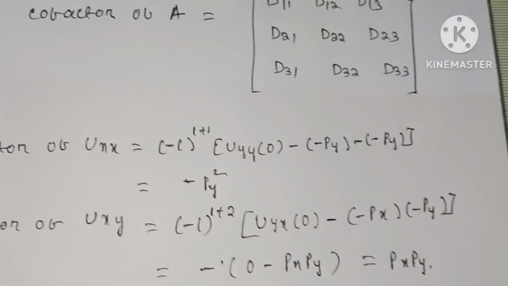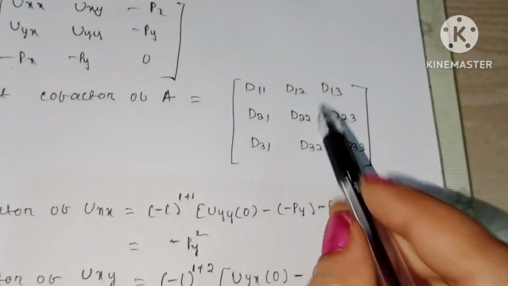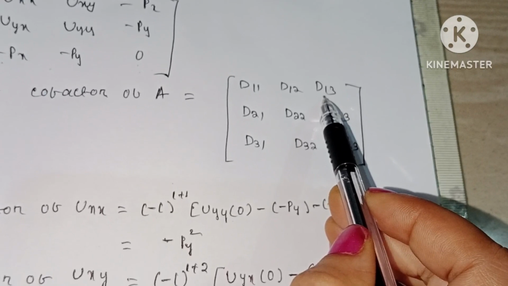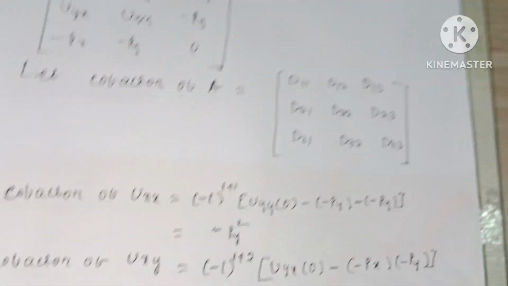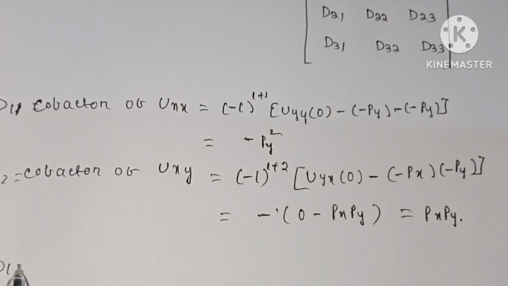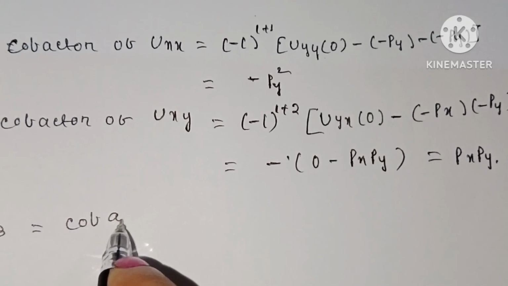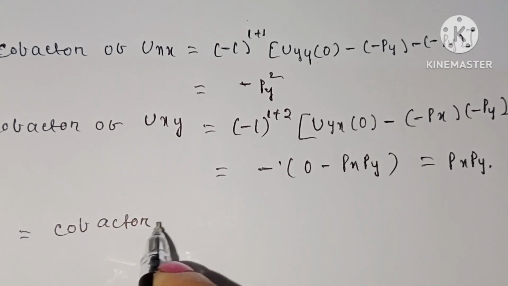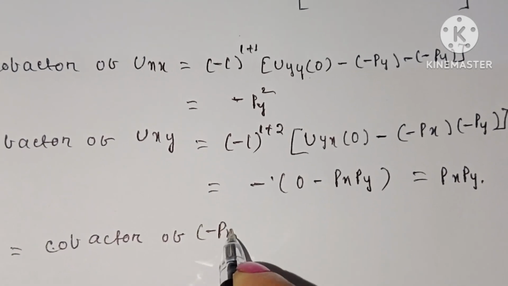Now we will calculate the value of D13, which is the cofactor of minus px.